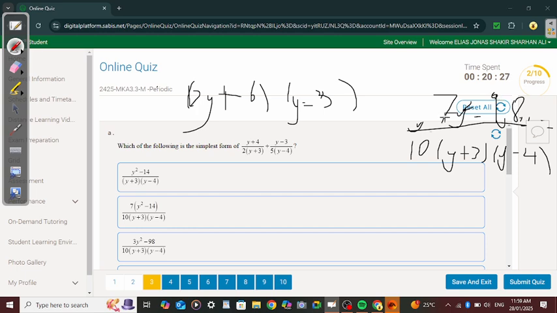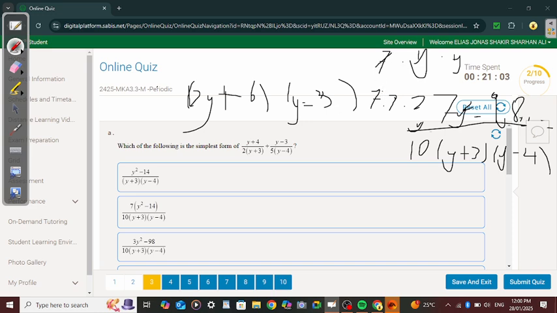Here, let's find the common factor. 7y² could be split into 7y, y, and 98 could be split into 7, 7, and 2. Forget about the negative sign, it's going to be in the bracket.